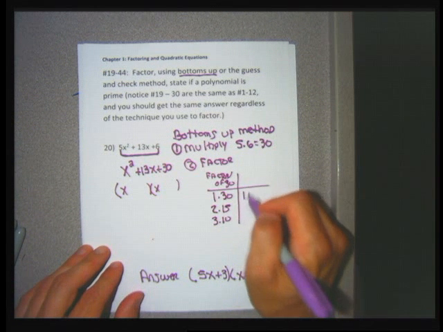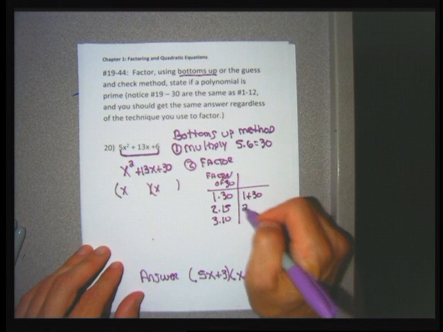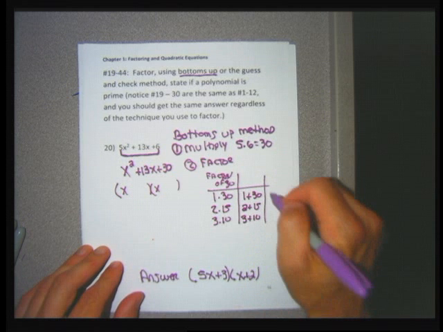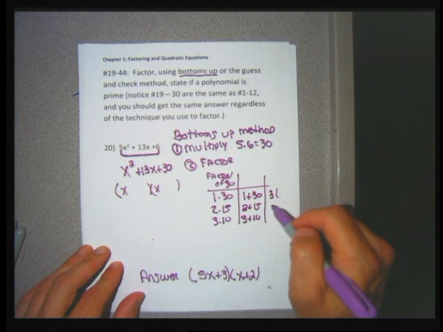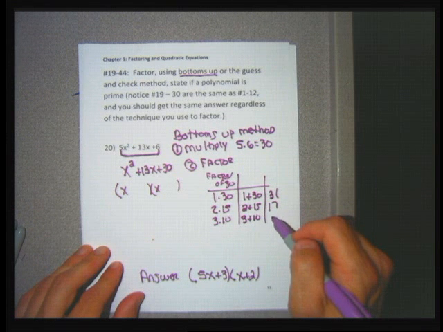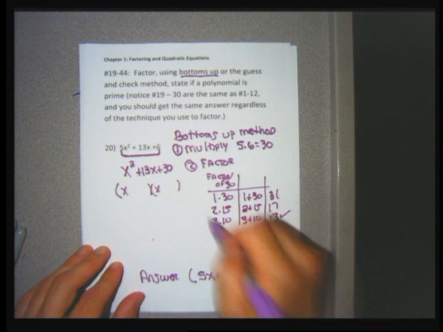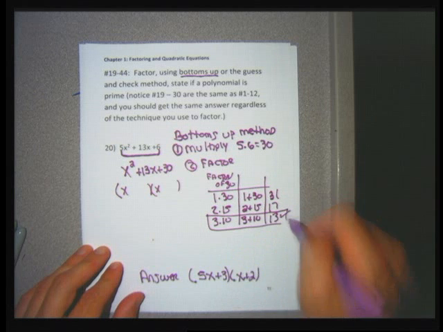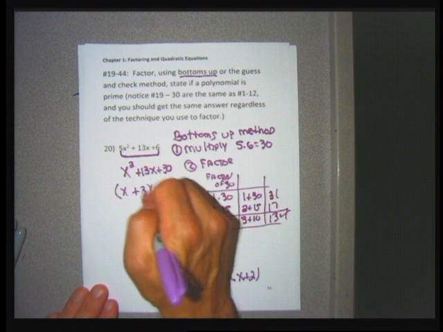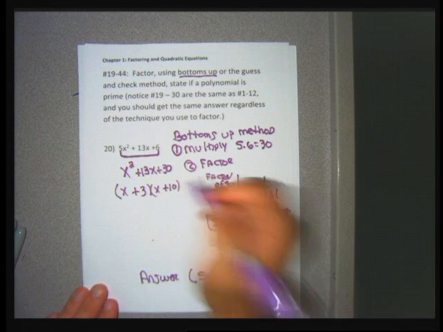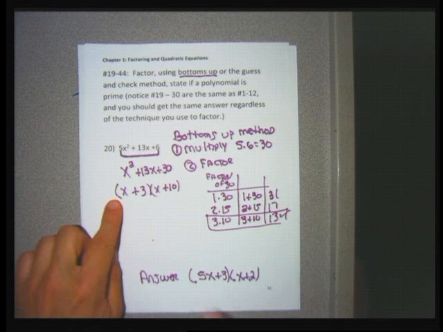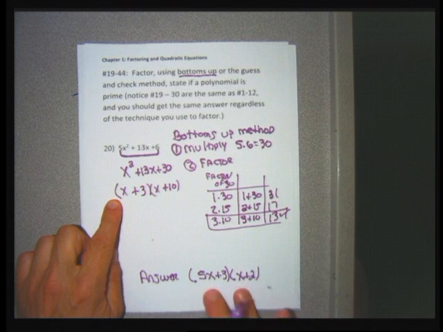Those would break up into either 1 plus 30, 2 plus 15, or 3 plus 10. 1 plus 30 is 31, 2 plus 15 is 17, 3 plus 10 is 13. This must be the numbers that go in for my lasts. They're both positive, so I'm going to put a positive 3 and a positive 10. Can't put them in the wrong parentheses because it doesn't matter. If you look at this and this, those aren't the same answers. The answer I'm shooting for is this.